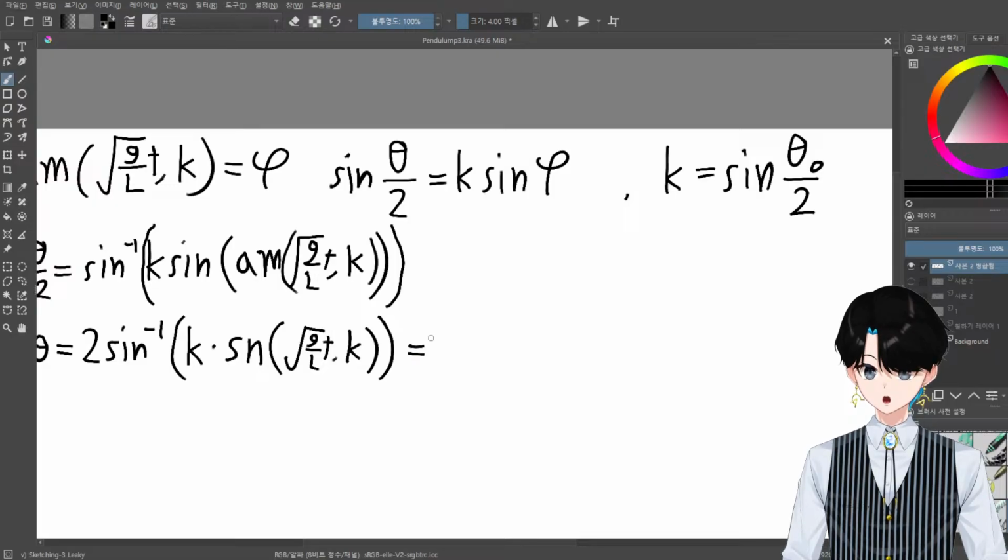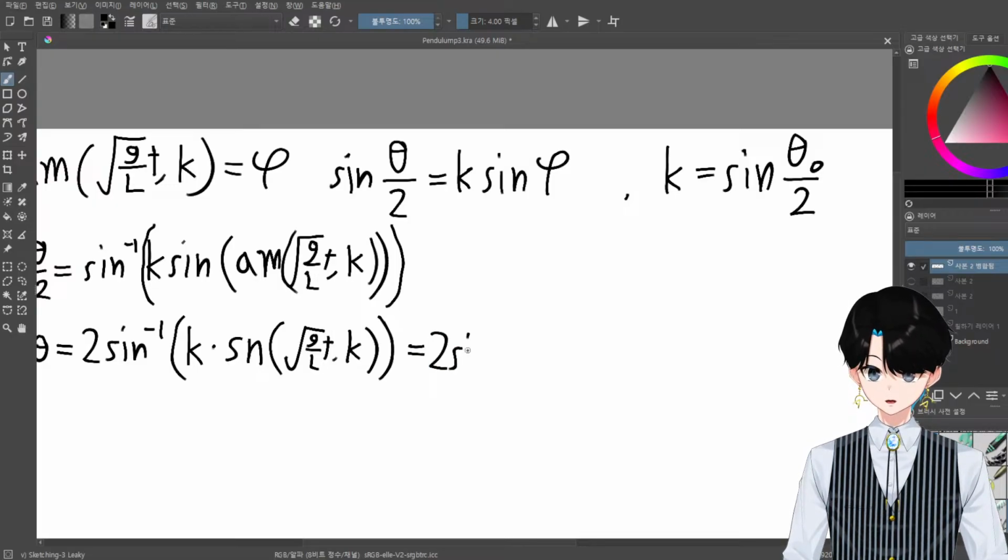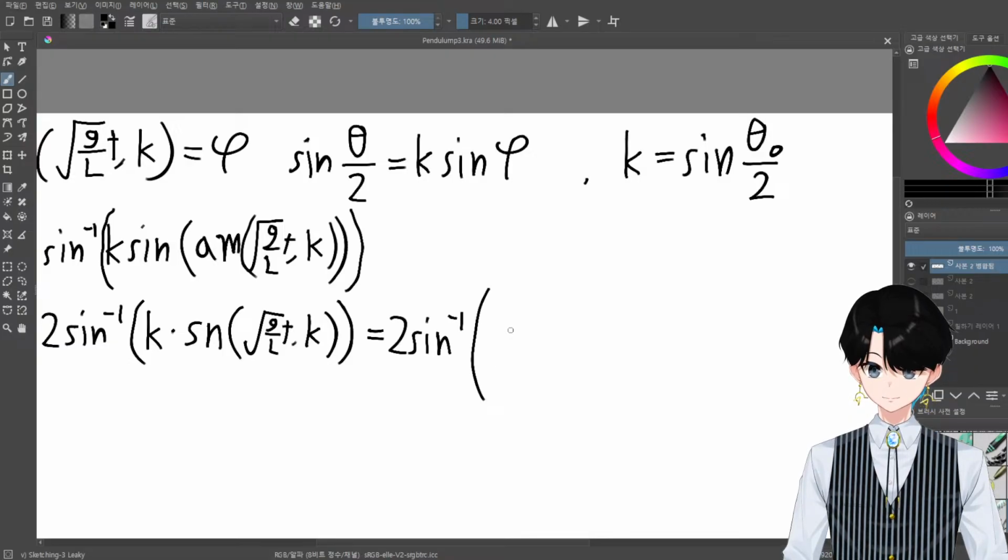You can expand it without substitution. It will be long. Oh, wait a minute.